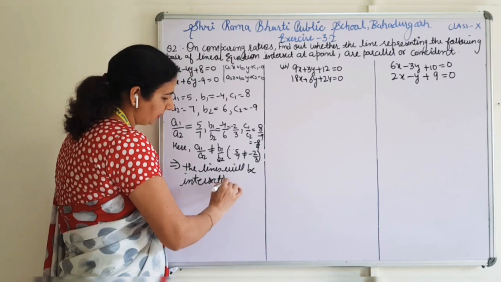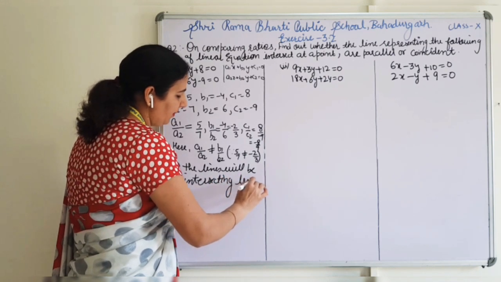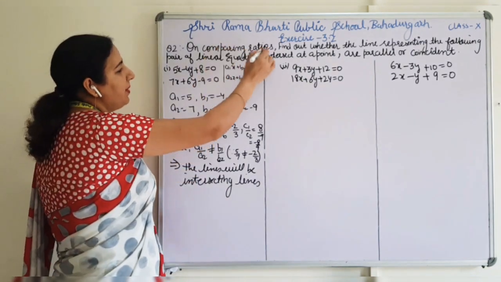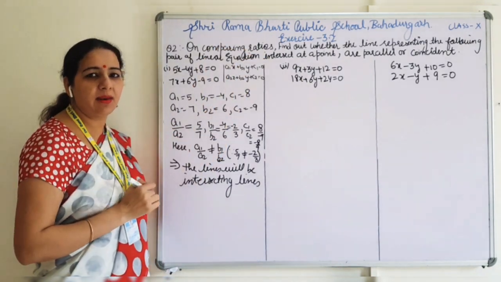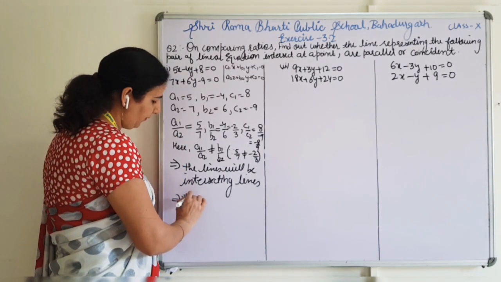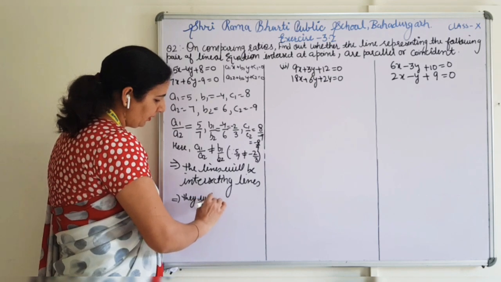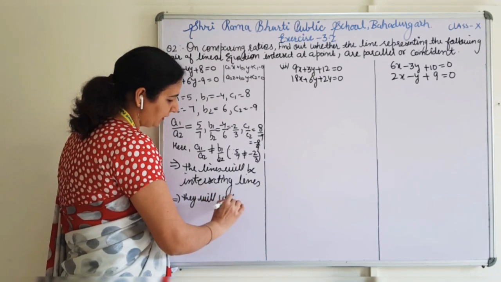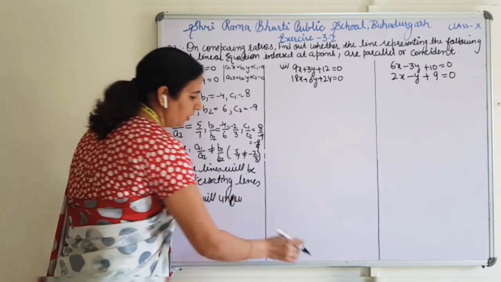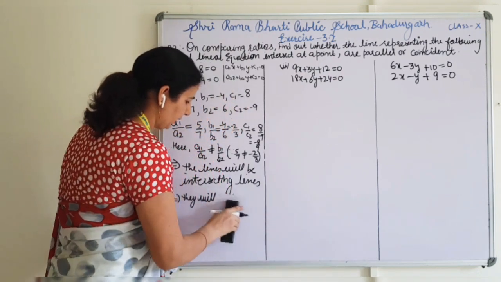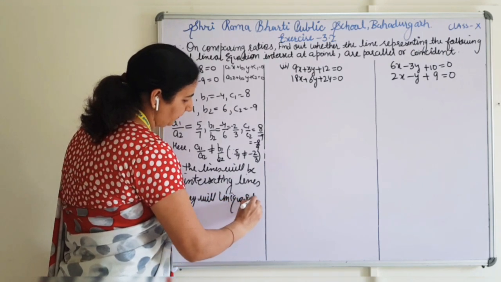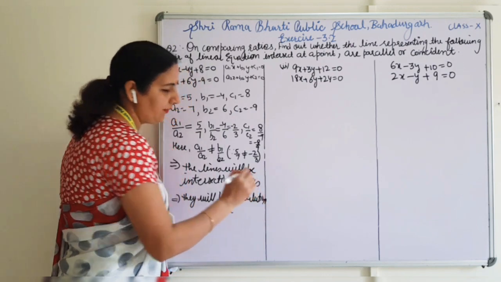And if the lines are intersecting lines, we can also tell about the solutions, because the same question can be asked like this: find the number of solutions. So this implies they will have a unique solution, or you can say one solution.